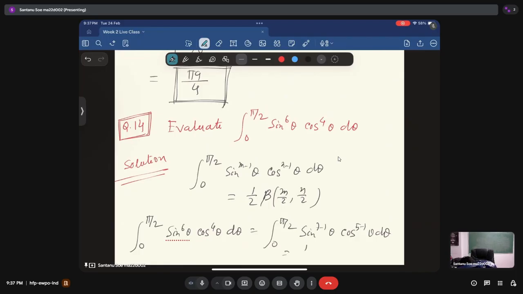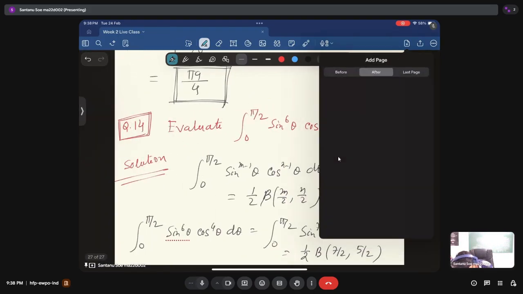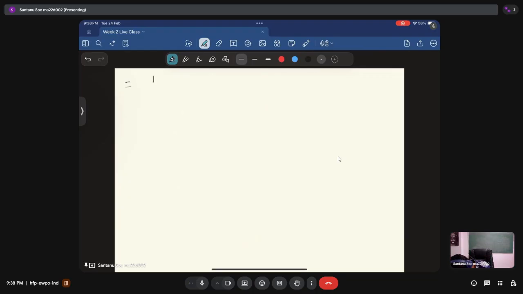So this is gonna be half times beta of 7 by 2 comma 5 by 2. So this should be the answer, and even we can evaluate this also. So this is gonna be half times gamma of 7 by 2 into gamma of 5 by 2 divided by gamma of 7 by 2 plus 5 by 2.